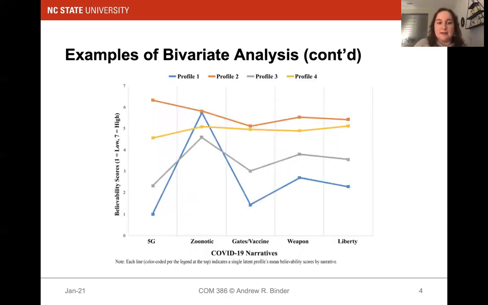Our second example, a little topical now, is looking at the relationship between COVID-19 narratives that involve different conspiracy theories and believability scores. This is coming out of the BMC Public Health Journal, so this is a real study that you can look up.